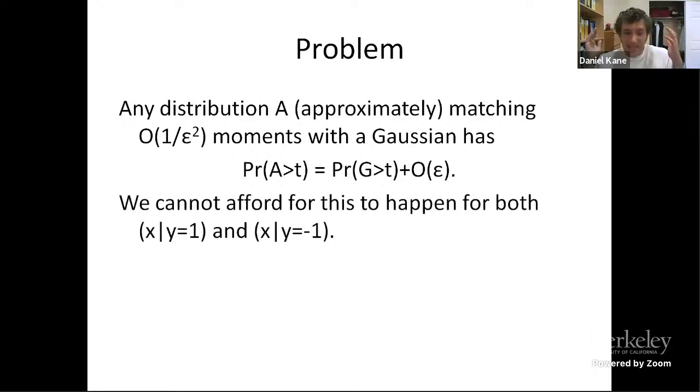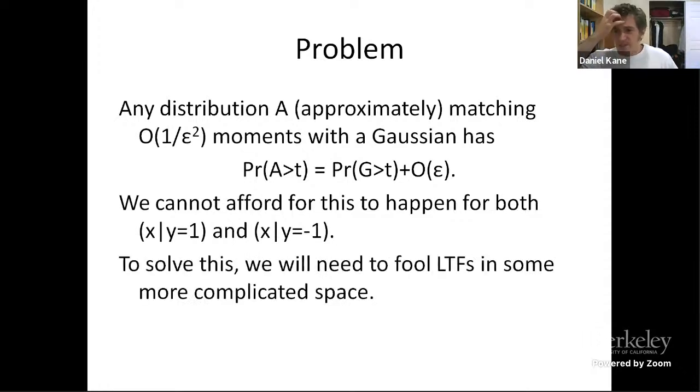And we actually can't afford for this to happen for both the conditional distribution of x on y equals 1 and the conditional distribution of x on y equals minus 1. If you look at the threshold, then one of the two of those at least needs to be almost certainly less than t or almost certainly bigger than t when the Gaussian isn't.